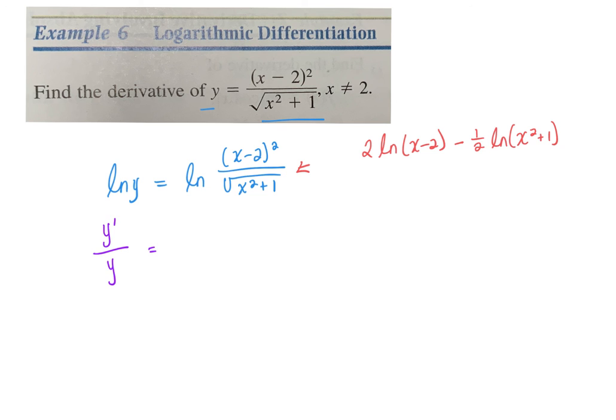Okay? So for the derivative of this, we do the derivative of the inside. That's just 1. So we have 2 times 1 over my inside, which is x minus 2. Minus, we have the 1/2 times the derivative of the inside, which is 2x, over x squared plus 1.